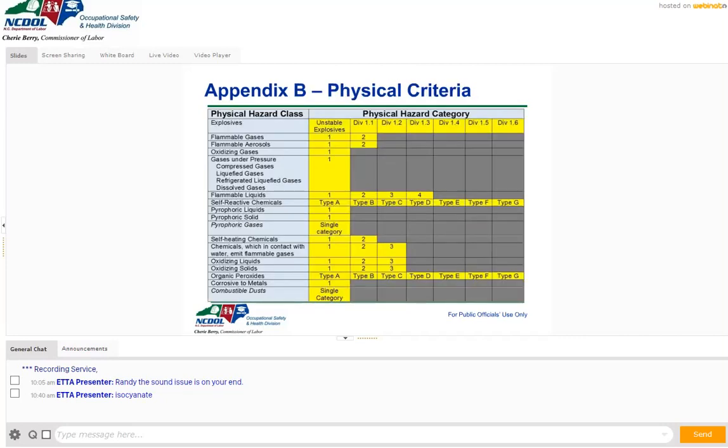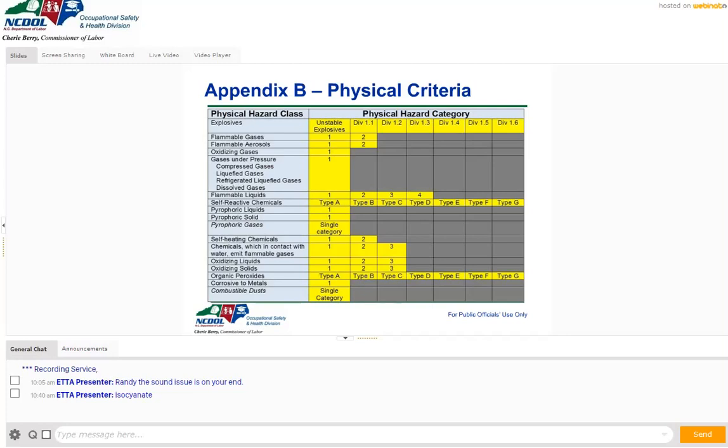And here's one for that was health. This is physical hazards. So like I said, there are peroxides. You got type A, B, C, D, E, F, G. So in this case, an A is way more dangerous than a G. Flammable liquids. You got 1, 2, 3, 4. A 1 is your most flammable with the lowest boiling point.